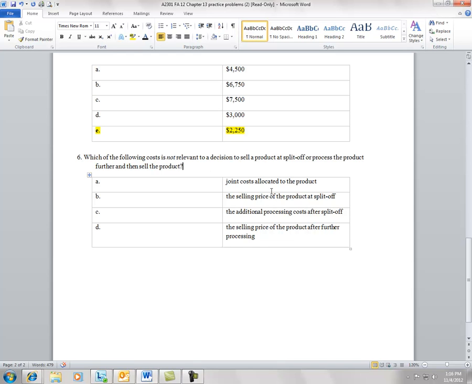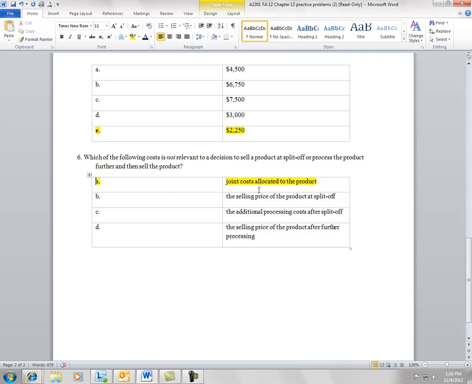So if we think about this, what's going to be relevant, what is different between those alternatives, and the joint costs allocated to the product, kind of by definition, we know that's not relevant. It's a joint cost, so it's incurred regardless of the alternative that's chosen.